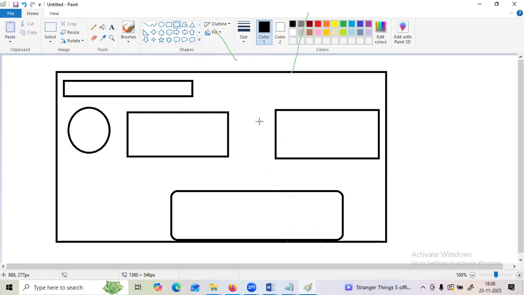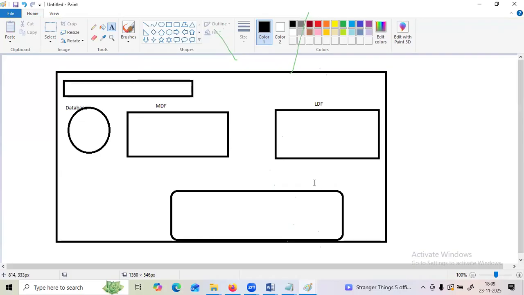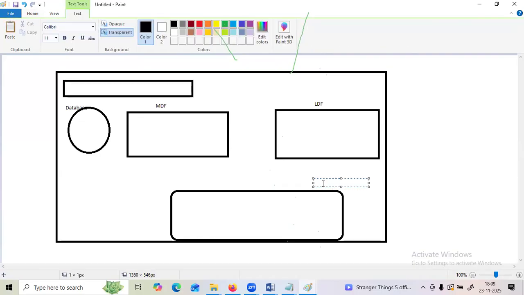So this is the database with its MDF and LDF, and this is for the buffer cache.